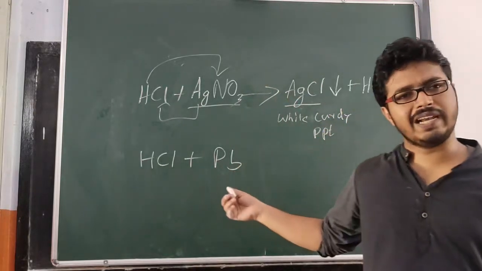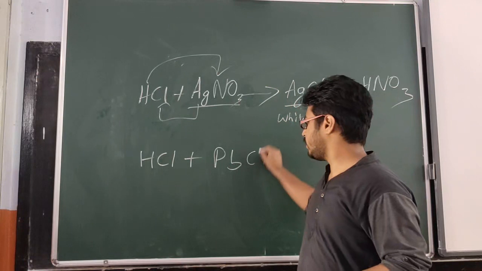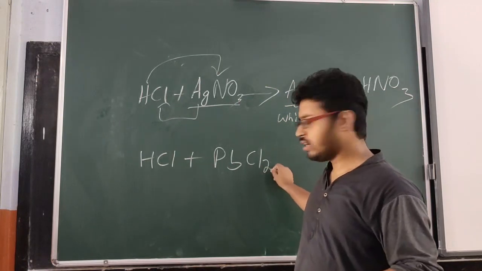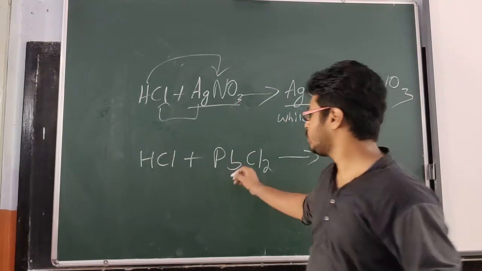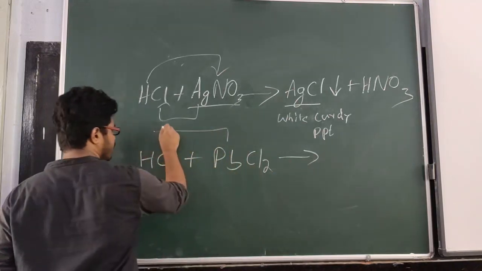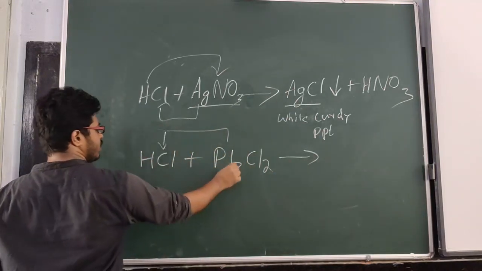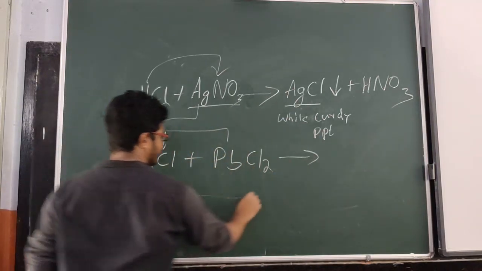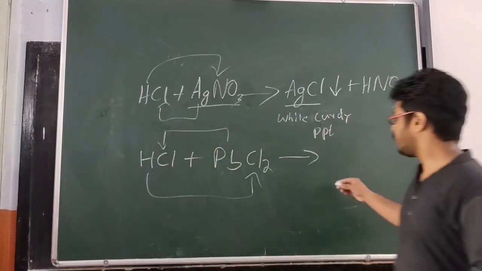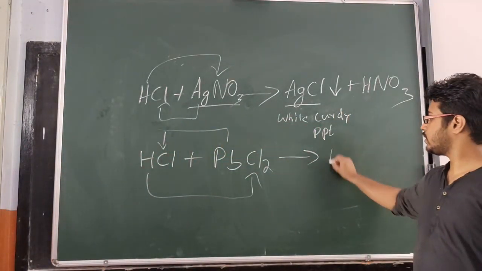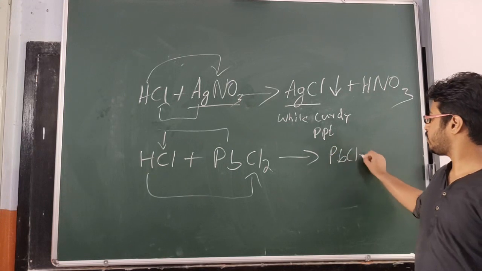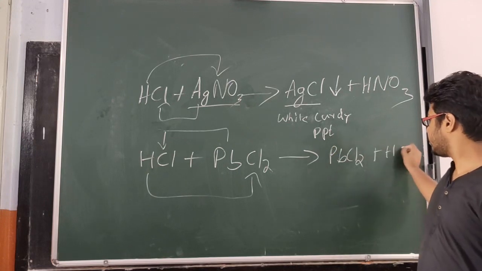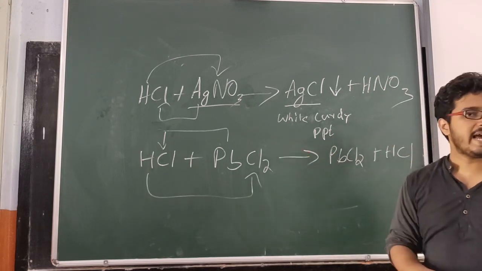We cannot use lead chloride. Can you tell the reason? If we are using lead chloride, what will be the product? Try to do the crisscross method. You can see here, if you do the crisscross method, the product is PbCl2 plus HCl. In other words, it is the same as the reactants.